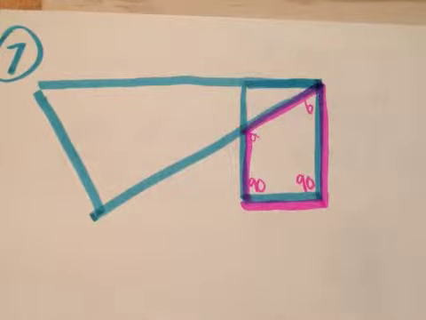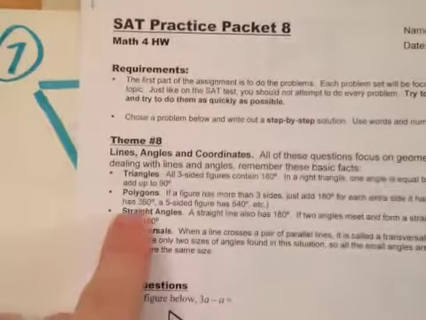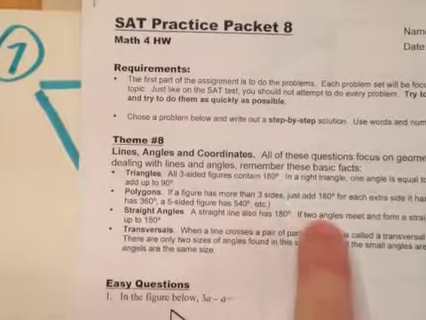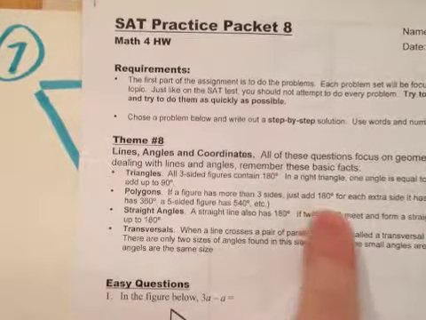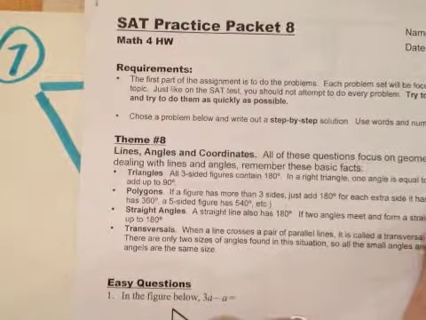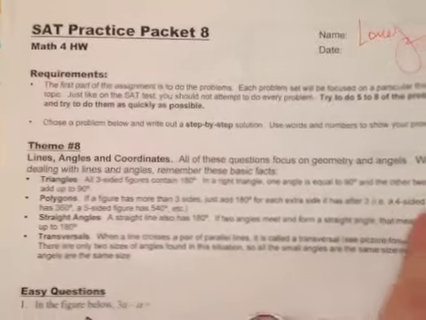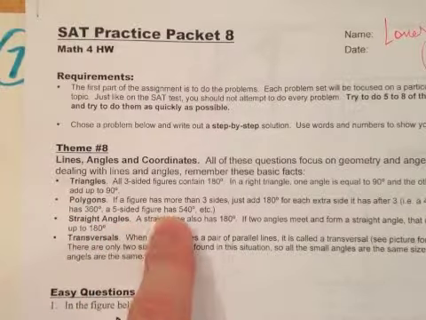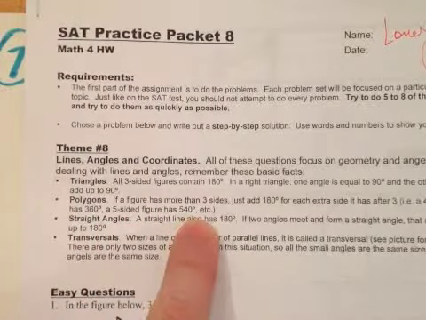And as I think about a four-sided figure, I'm going to remember some rules and some patterns that were at the front of the problem set. It says polygons. If a figure has more than 3 sides, just add 180 degrees for each extra side it has after 3. For example, a 4-sided figure has 360 degrees, a 5-sided figure has 540 degrees, etc.